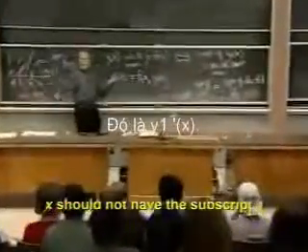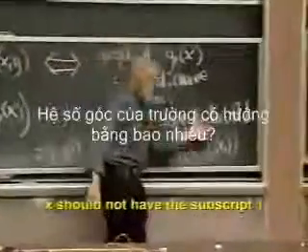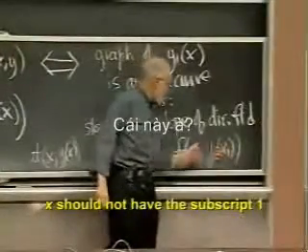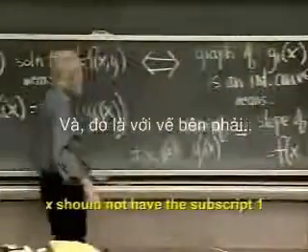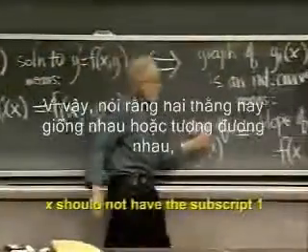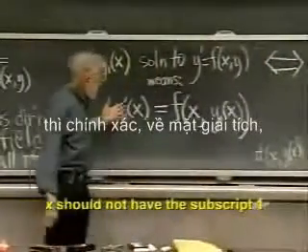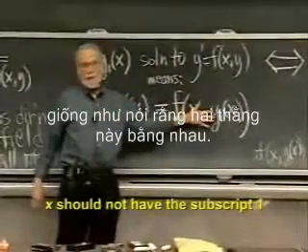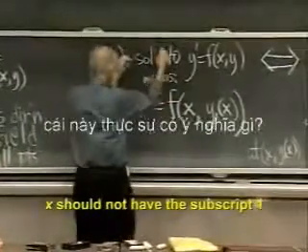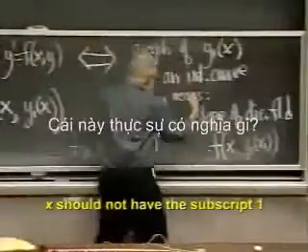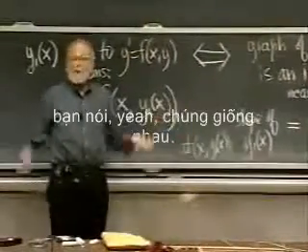That's y1 prime of x. That's from the first day of calculus. What's the slope of the direction field? Well, it's this. And that's the right-hand side. So saying these two are equal is exactly analytically the same as saying these two are equal. So in other words, the proof consists of asking what does this really mean, what does this really mean, and after you see what both really mean, you say, yeah, they're the same.